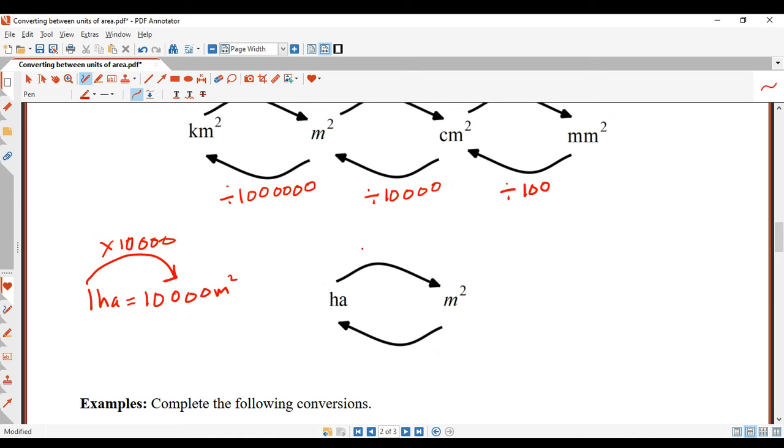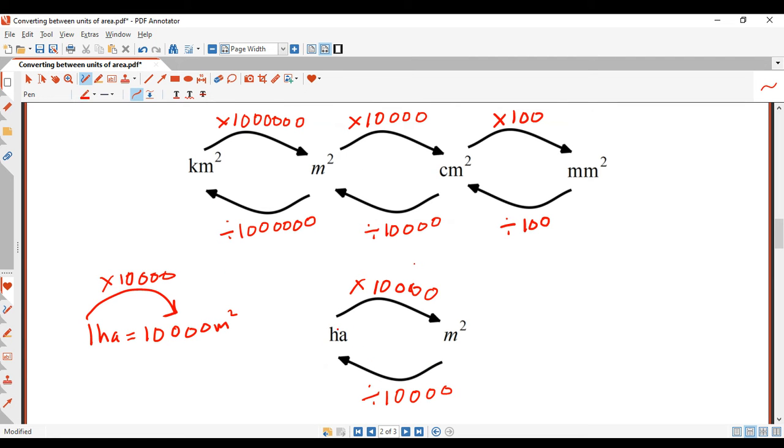So to go from hectares to metres squared, I'm timesing by 10,000. And to go the other way, so 10,000 has 4 zeros, I'm dividing by 10,000. Okay, so we're going to use these diagrams now to work out the answers to the following questions.